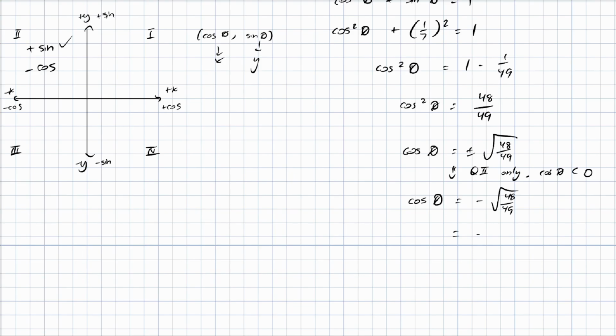If you simplify this, 48 is 16 times 3 over 7 squared. I don't need to tell you it's a perfect square. So you get 4 root 3 over 7, with a negative sign. There you go. Boom. That is your answer.